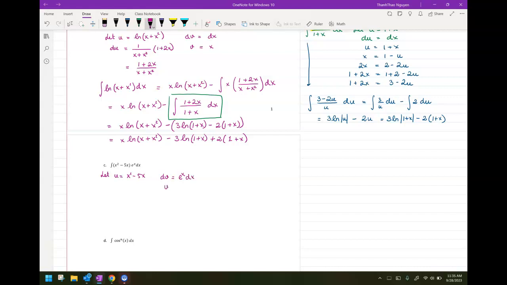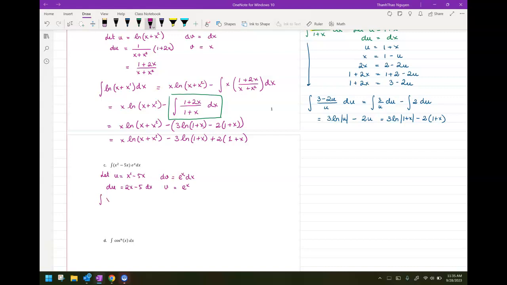Well, this is a no-brainer. v equals e to the x, right? Because the integral of e to the x is e to the x. So then du equals 2x minus 5 dx. Okay, let's put the integral together.